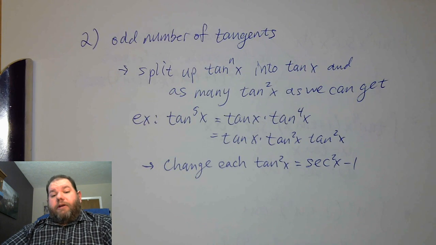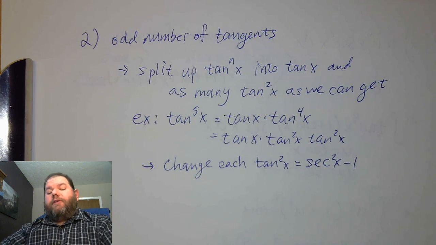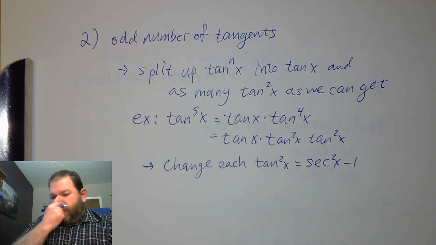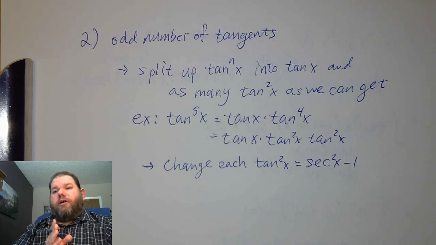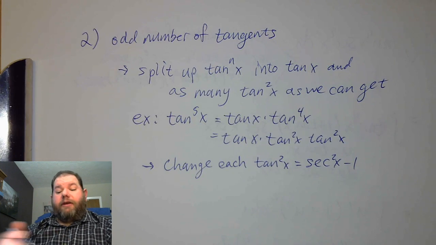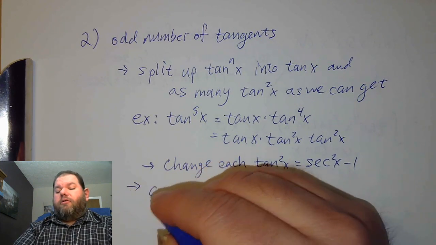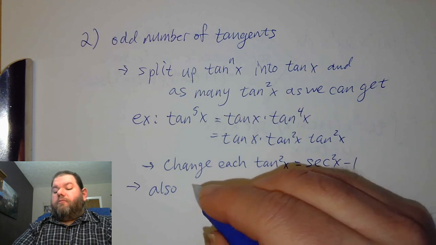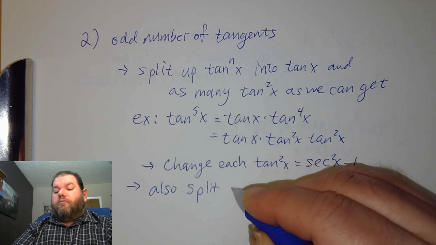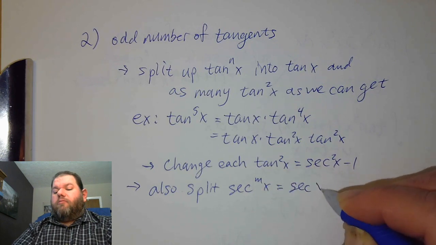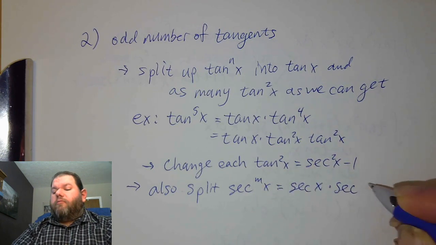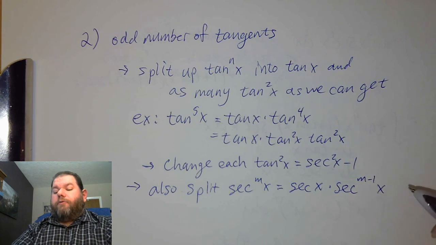And then from there, this is where the u substitution is a little bit different. We also split our secants up into a single secant and then whatever remaining secants we have, m minus 1.